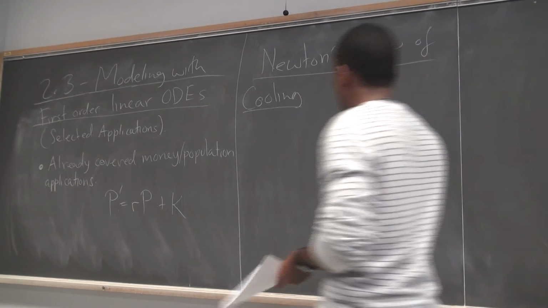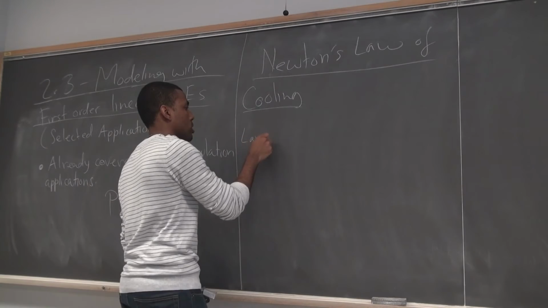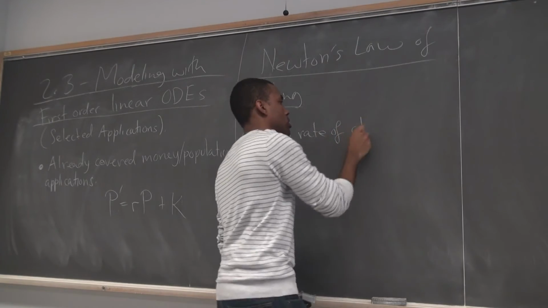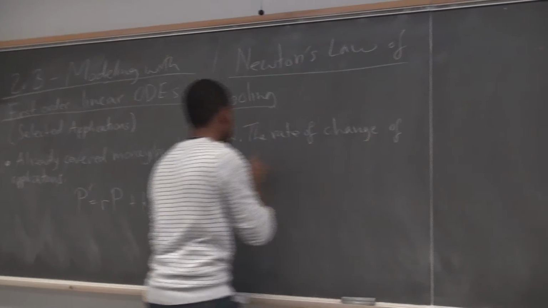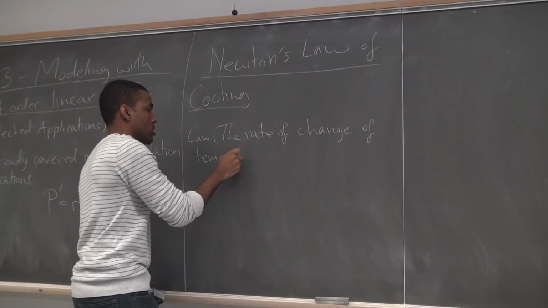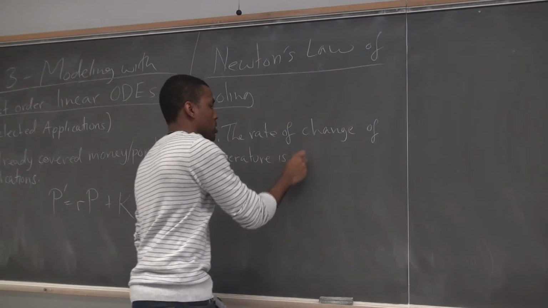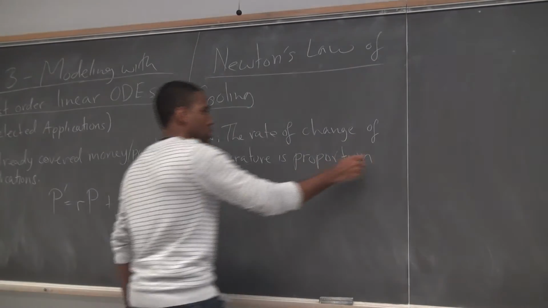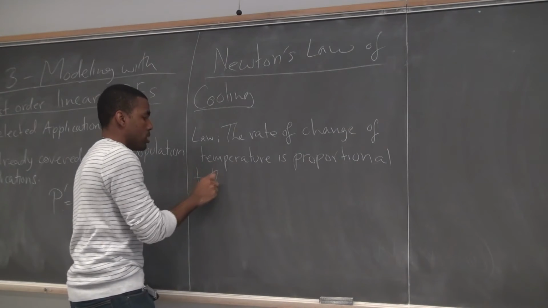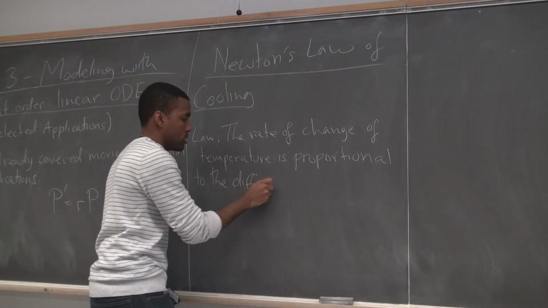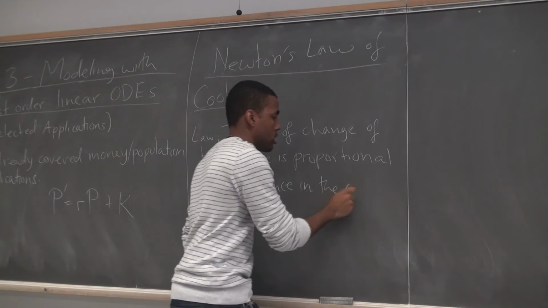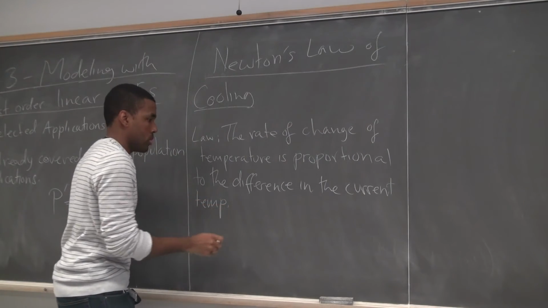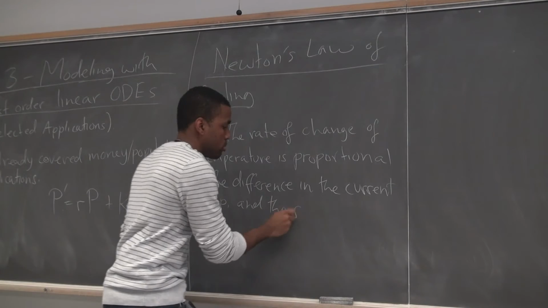So the law says the rate of change of temperature of an object is proportional to the difference in the current temperature and the surrounding temperature.